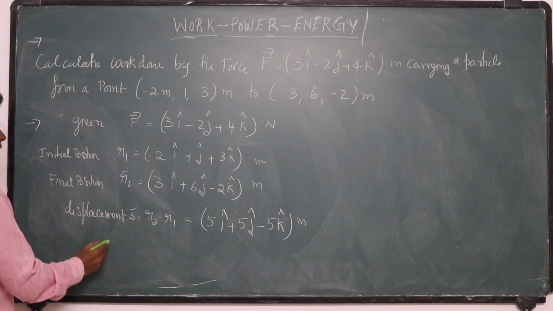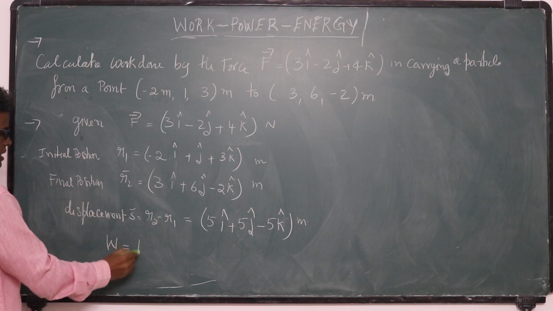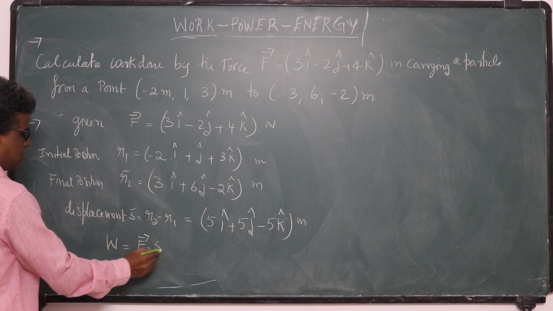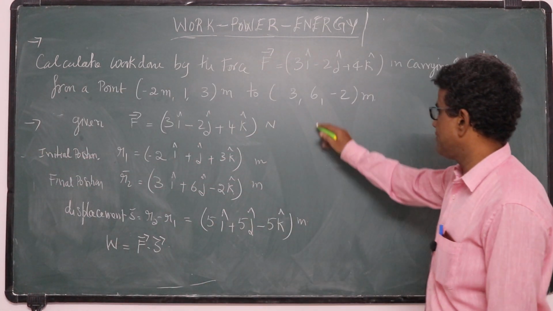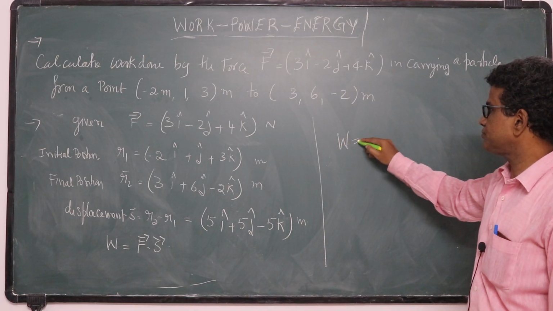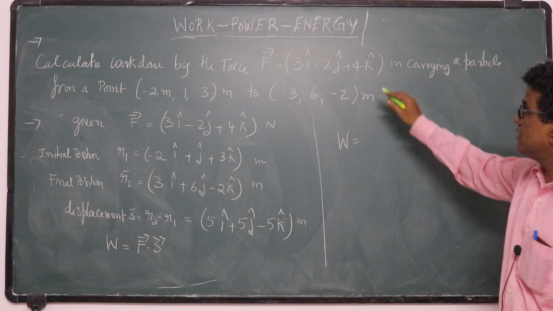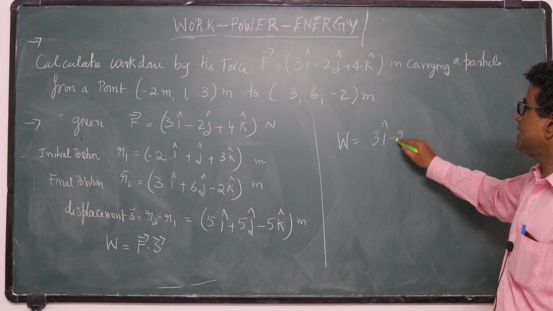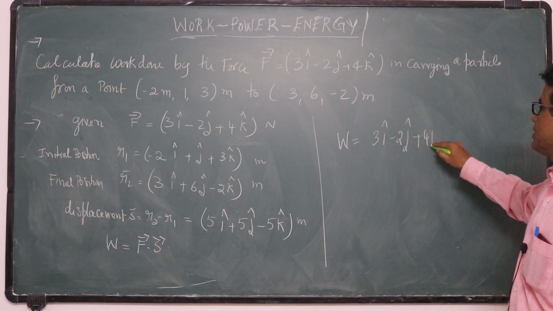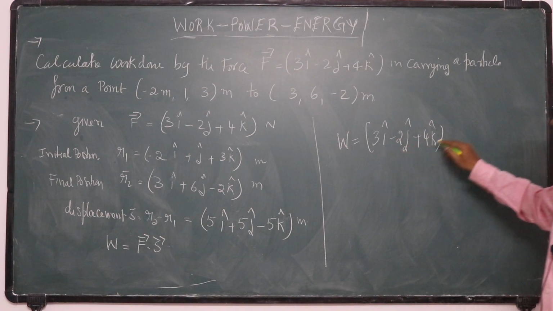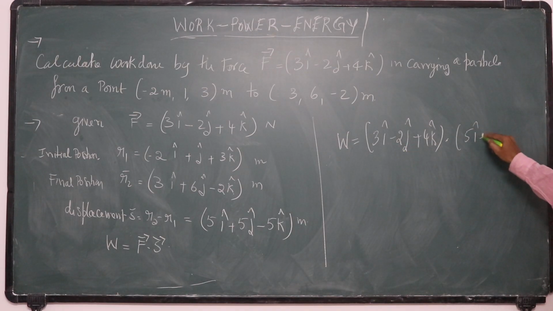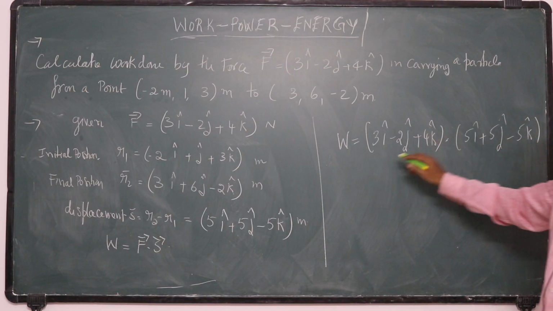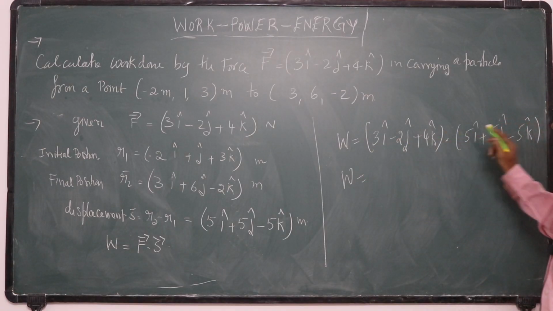So I want work done. Work done is given by F bar dot S bar. F bar is 3 I cap minus 2 J cap plus 4 K cap, dot S bar, which is 5 I cap plus 5 J cap minus 5 K cap.